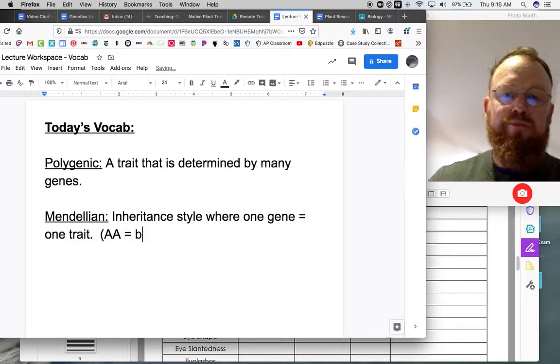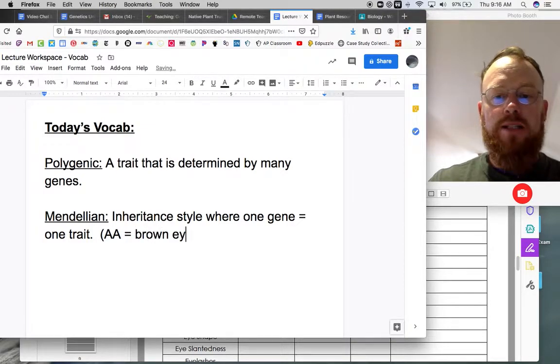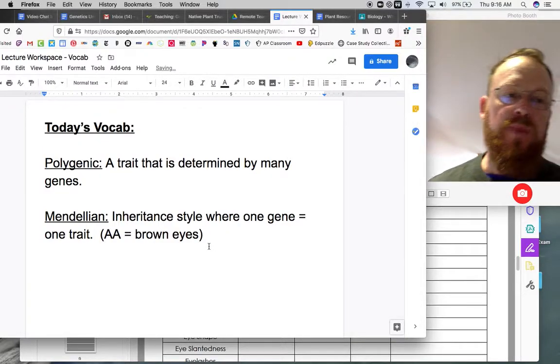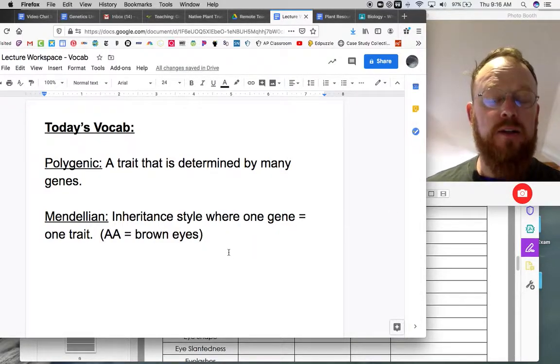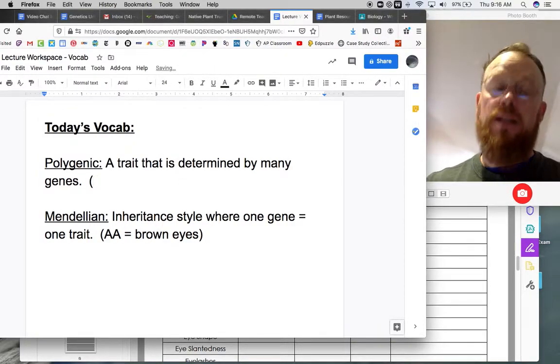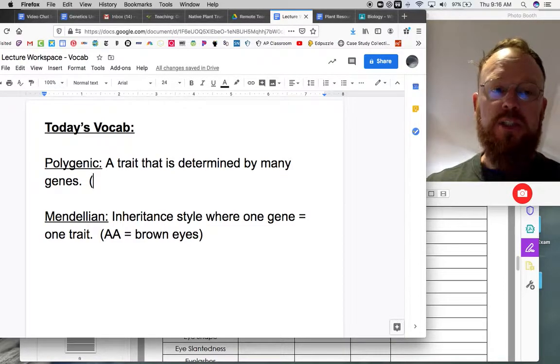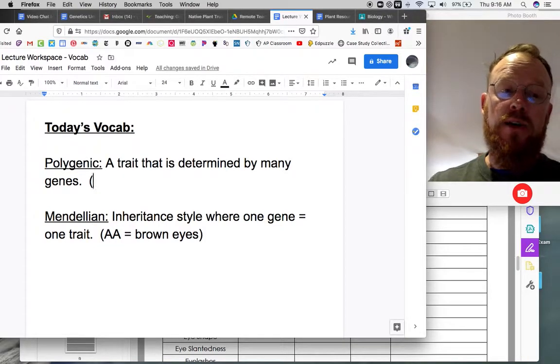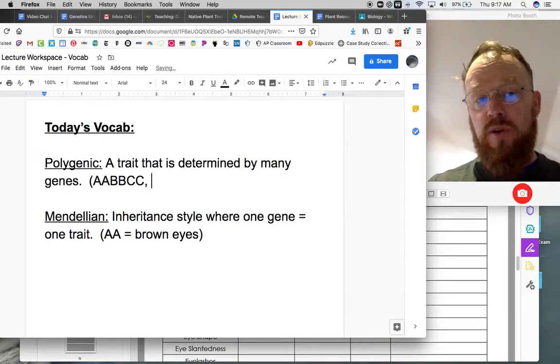Like A equals brown eyes. It turns out in reality that's not how eye color works. Eye color is a polygenic trait. Let's say in this activity there are 3 genes that determine eye color, which we'll call A, B, and C. Your genotype for eye color could be dominant alleles for all 3 genes.